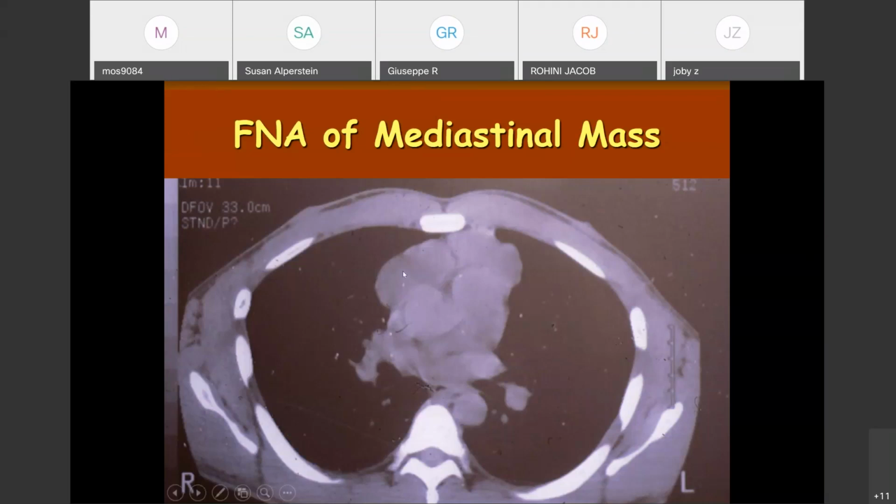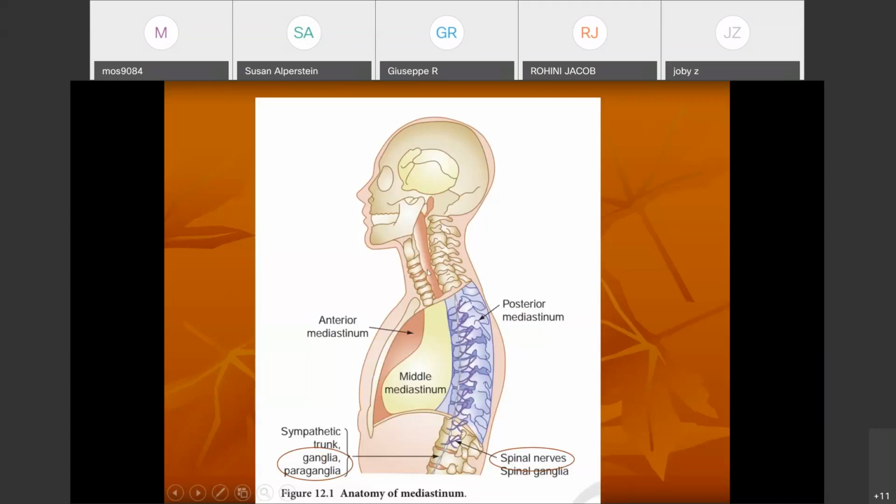And here's an FNA of a mediastinum mass. Here, mediastinum, you have anterior, middle, and posterior. Here's the anatomy. So in the posterior mediastinum, you have spinal nerve, ganglia. So in the posterior mediastinum, you have neurogenic tumors.